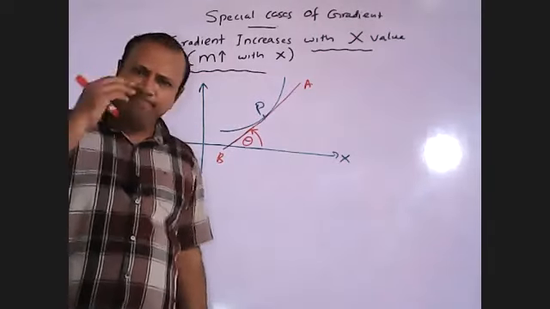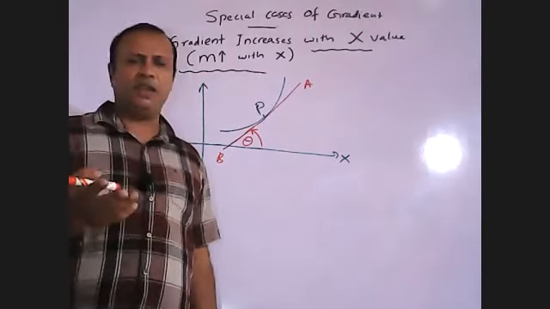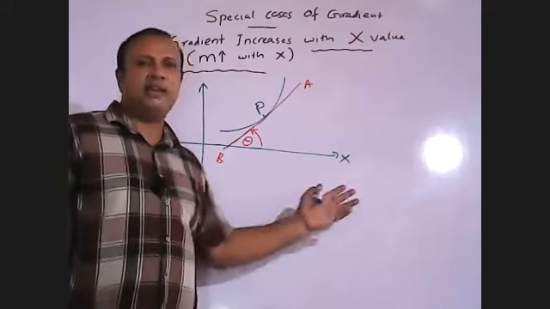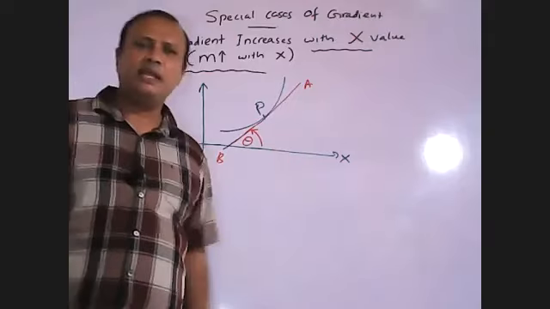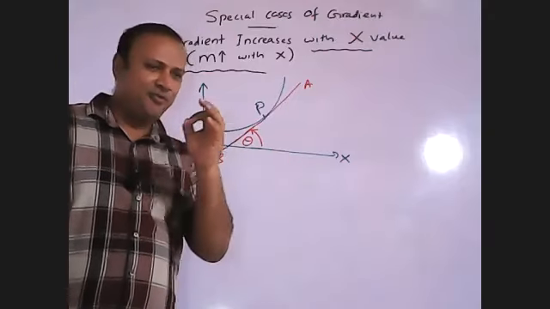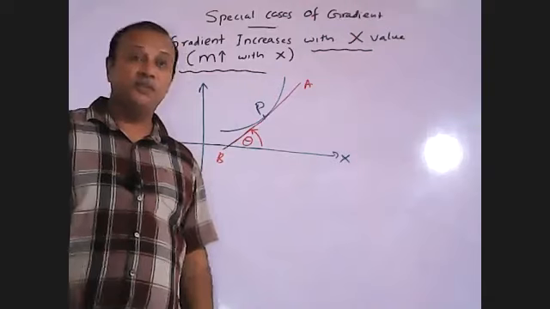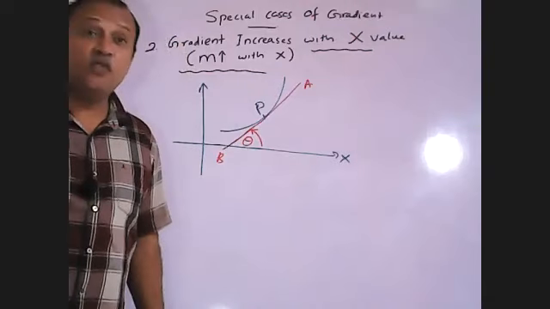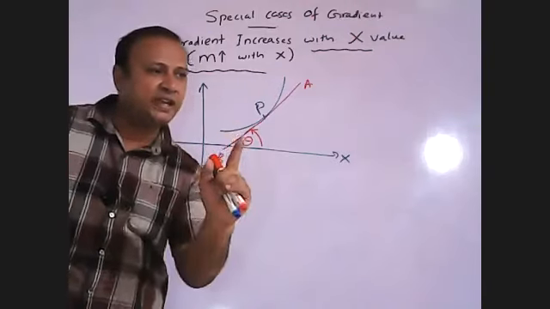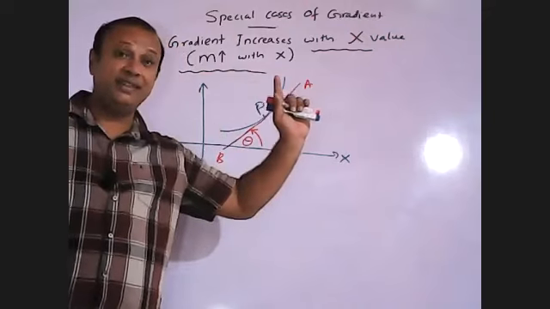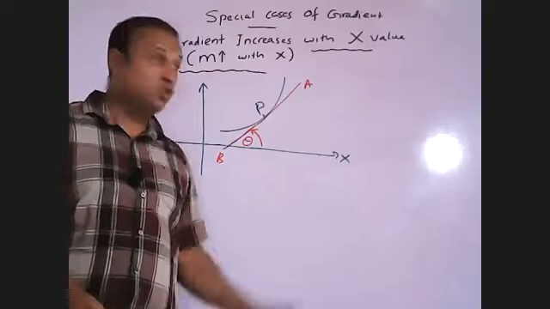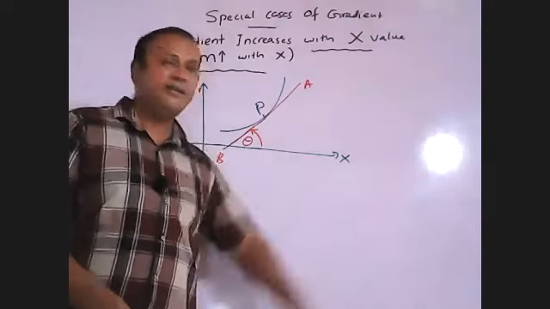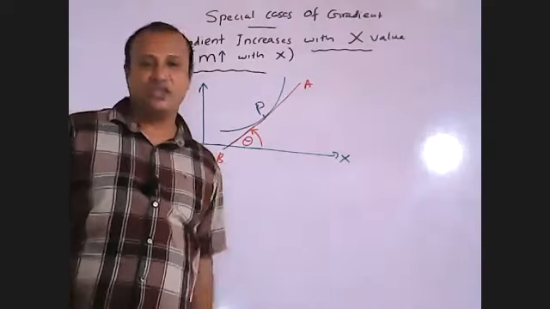Then the tan value of this angle should be tan 0 to tan 180. Therefore, now we should consider the variation of tan from 0 to 180. Then we can understand what will happen to the tan value when it changes with x.